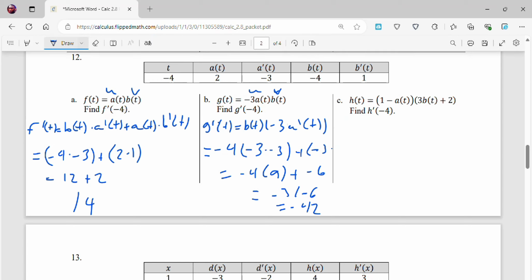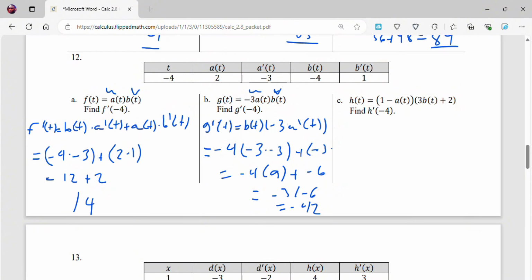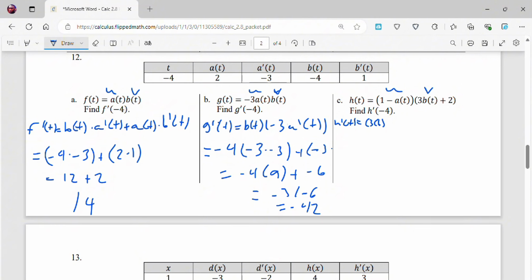Okay. Next question, we have h of t equals 1 minus a of t times 3b of t plus 2. Okay. So v u. So h prime of t equals v, whoops, I mean to put parentheses around b.